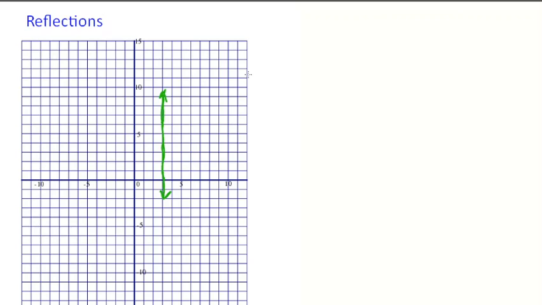So I could ask you, okay, what's the equation of that line? You should all know, right? The equations of lines are usually y = ax + b. That's the formula, right? That's how it looks like, where a and b are integer numbers, right?